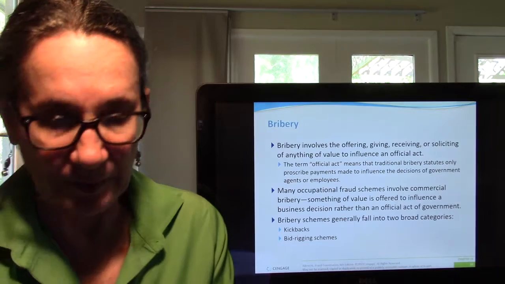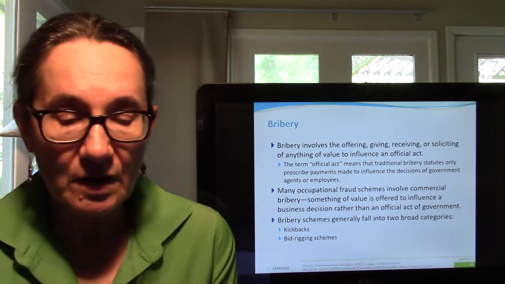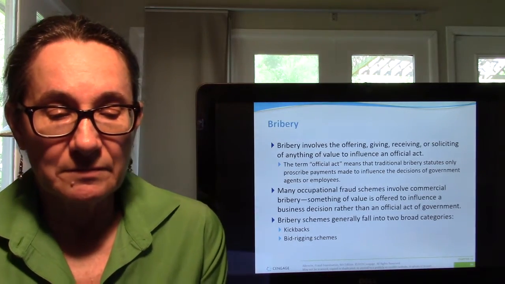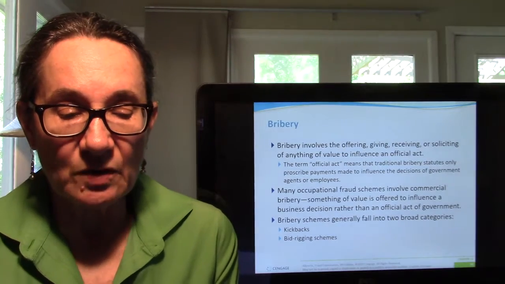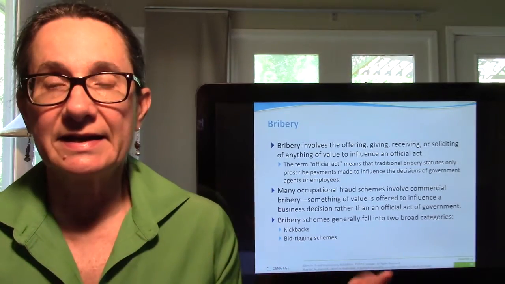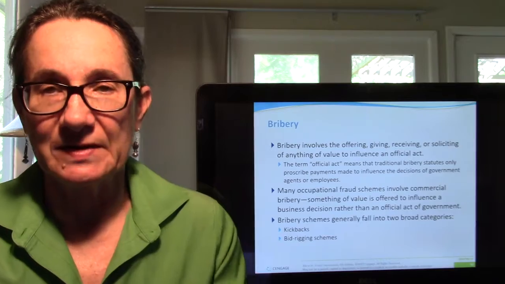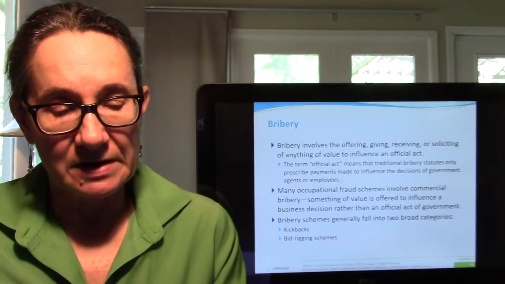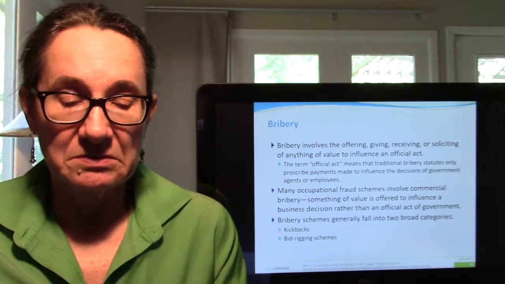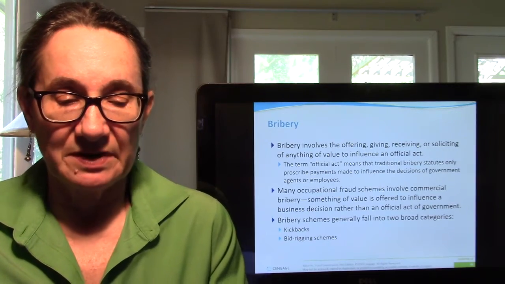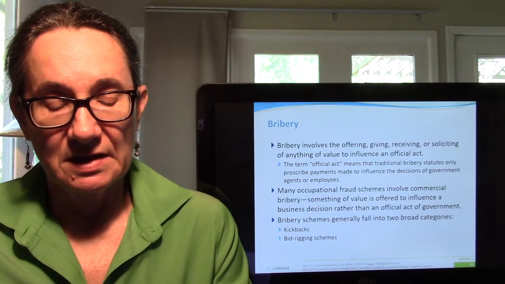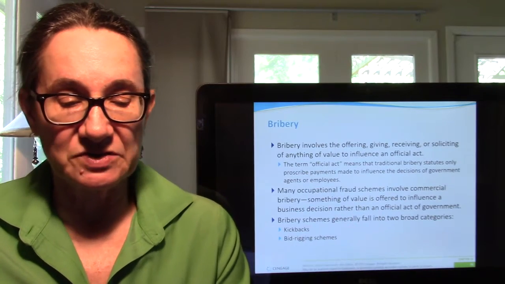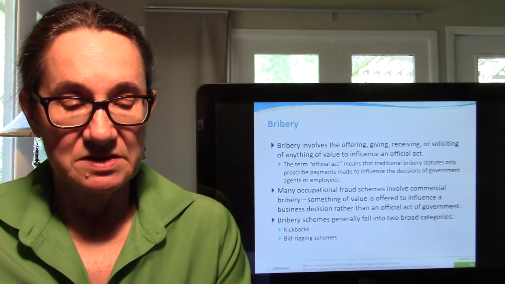First, we're going to talk about bribery. Bribery is when you offer something of value, and again, it doesn't have to be money. We typically think of an envelope of cash under the table, right? The mordida. It doesn't have to be cash, but typically it is. But anyway, it's to influence an official act, right?